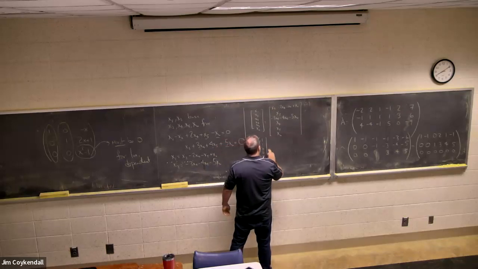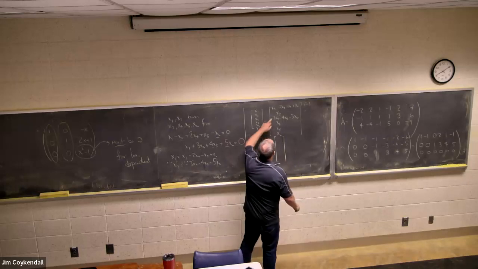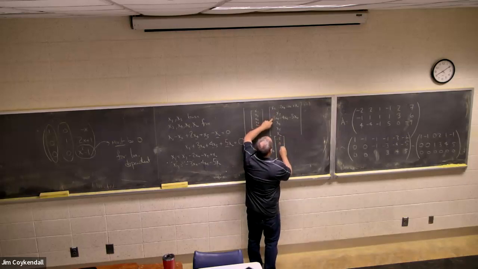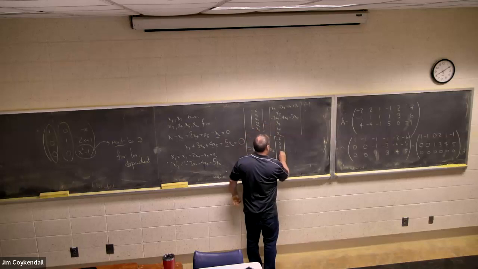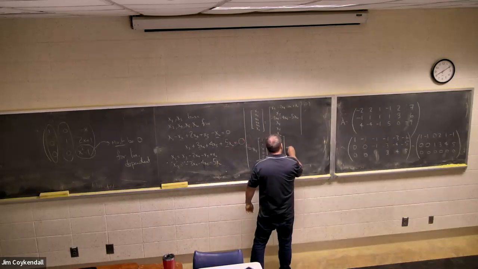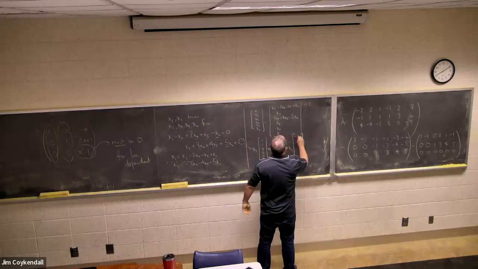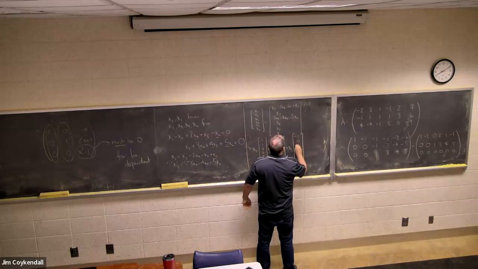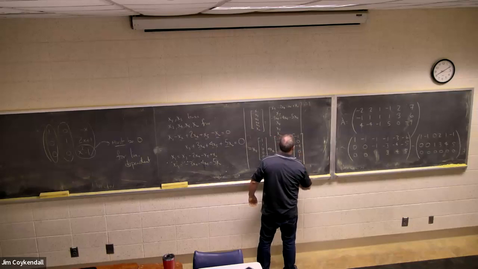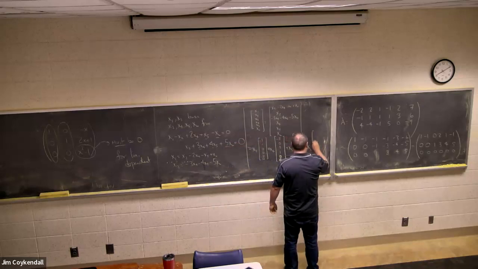Plus x4 times -2, 0, -3, 1, 0, 0. x5 times -1, 0, -4, 0, 1, 0. Finally, x6 times 1, 0, -5, 0, 0, 1.